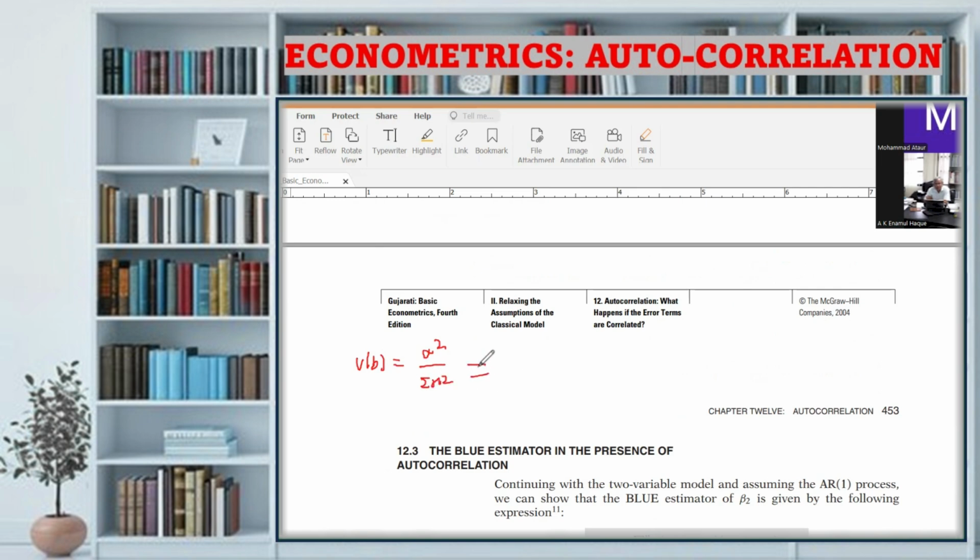And now we realize it is no longer equivalent to this. Since OLS is the most efficient, the variance of B with the AR1 model is bigger than the variance of B with the standard OLS model. Which basically means we have a problem. If the model is suffering from autocorrelation, the variance of B becomes large. That's our first logic.